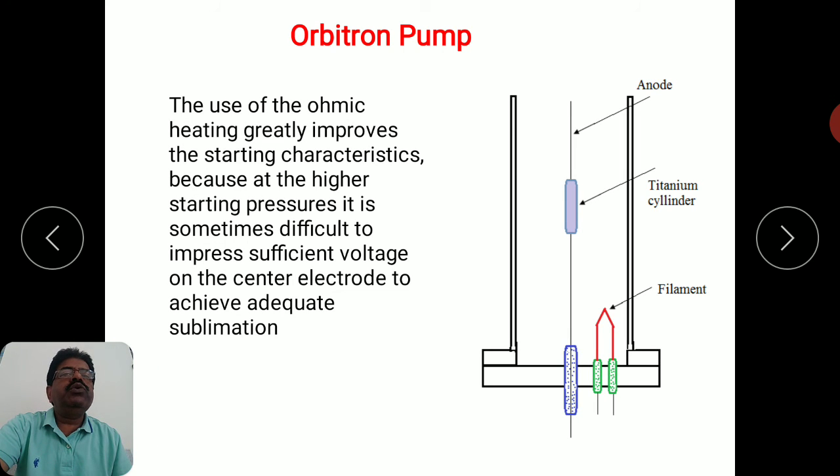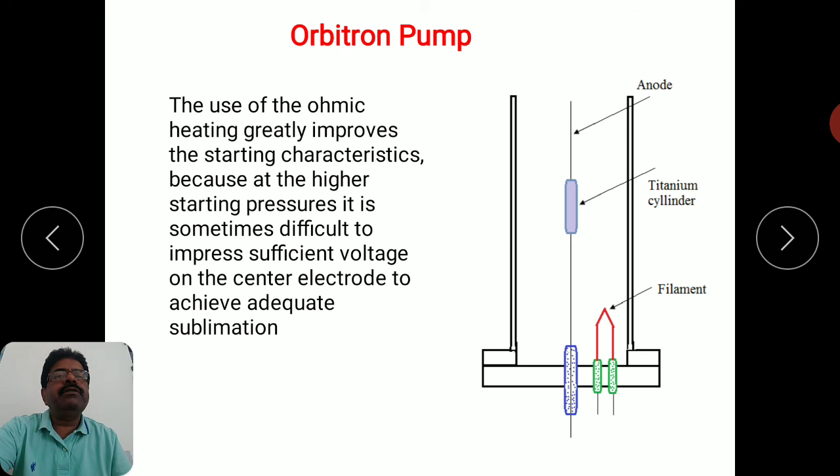Now, the use of ohmic heating greatly improves these starting characteristics, because at higher starting pressures, it is sometimes difficult to impress sufficient voltage on the central electrode to achieve adequate sublimation. So there is a difficulty with this orbitron pump, that sometimes ohmic heating is required so that the sublimation of titanium will continue in the initial stages. What is the difficulty in the initial stages?